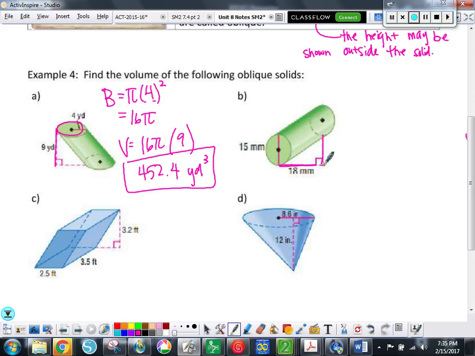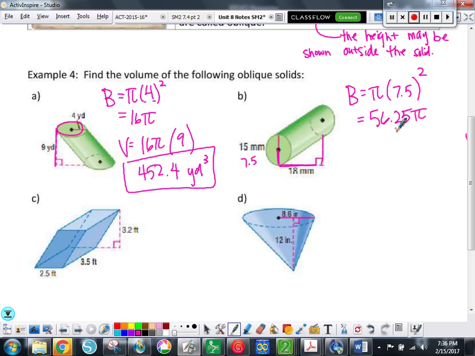So again, a cylinder, so my base area is pi r squared, with r as 7.5, which is 56.25 times pi. If you wanted to put that as a decimal, you could.